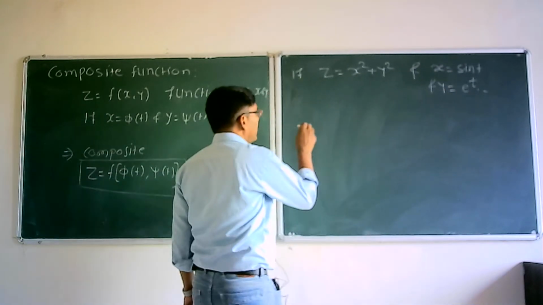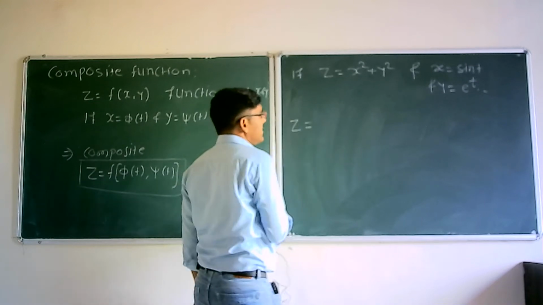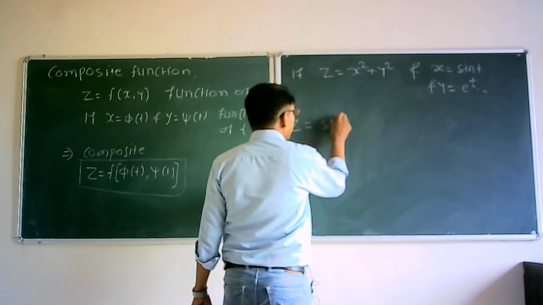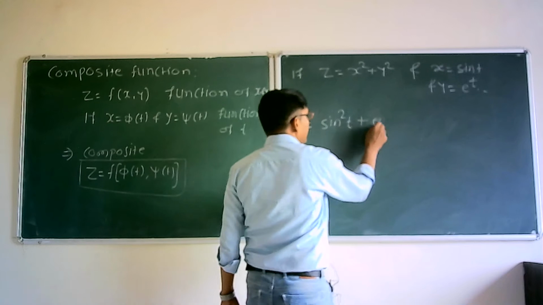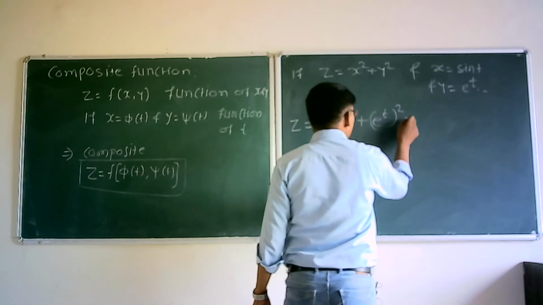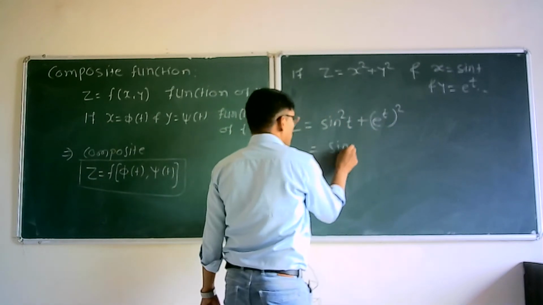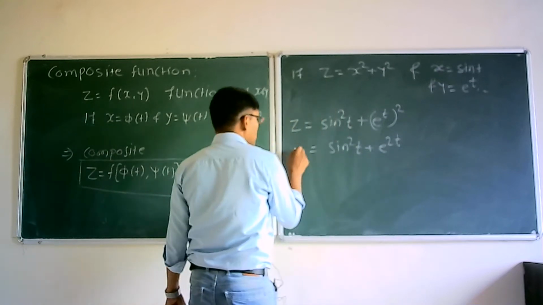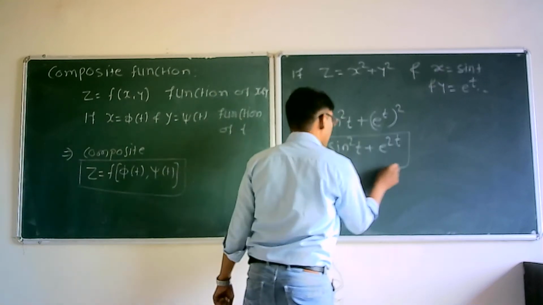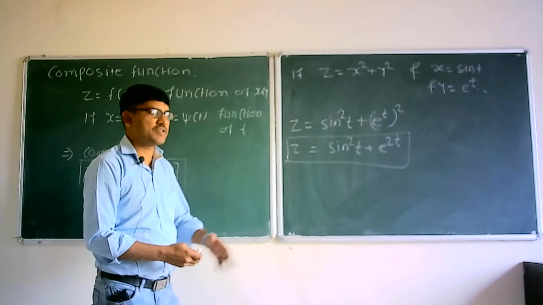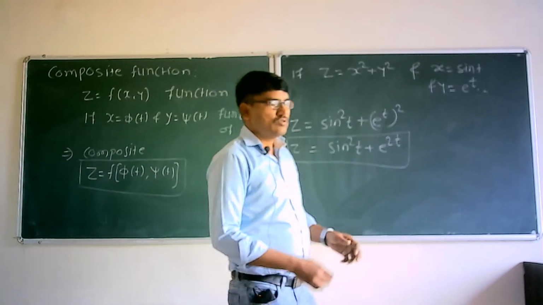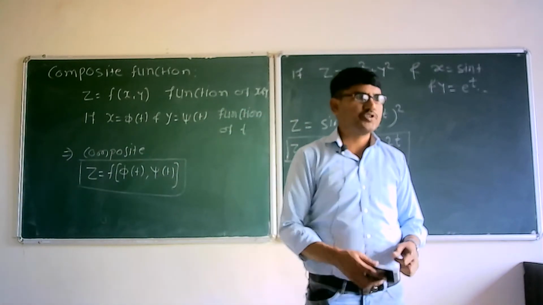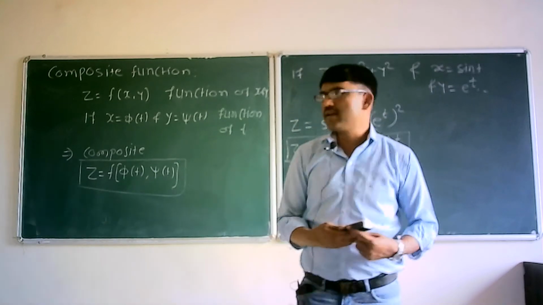Then z is equal to sin square t plus e raised to t whole square, which is sin square t plus e raised to 2t. So this is a composite function of t. Hope you understand how to find a composite function for multivariable cases.